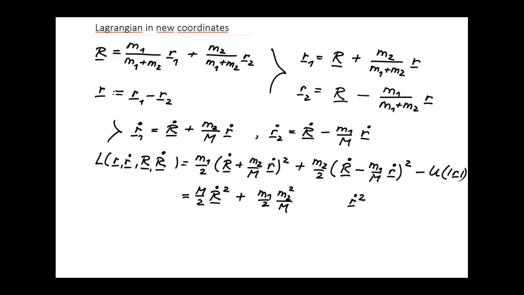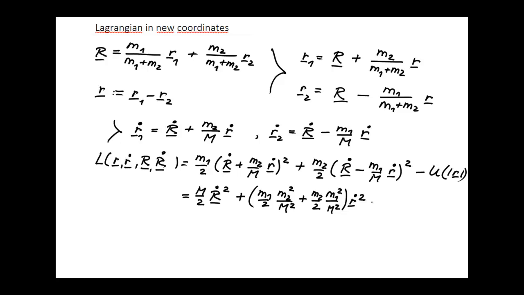And from the kinetic energy of the second mass, we also get a term proportional to the relative velocity squared. So I can take this outside a bracket, and the factor in front is in that case m2 over 2 times m1 squared over total mass squared. And I forgot the squared here.